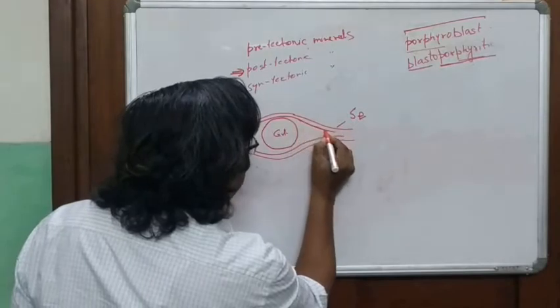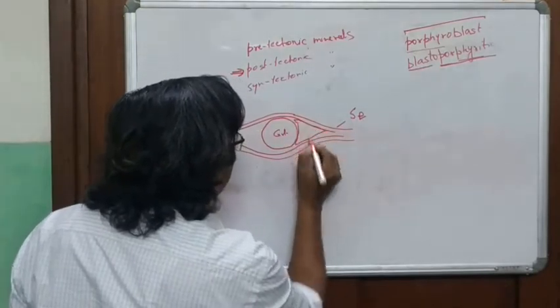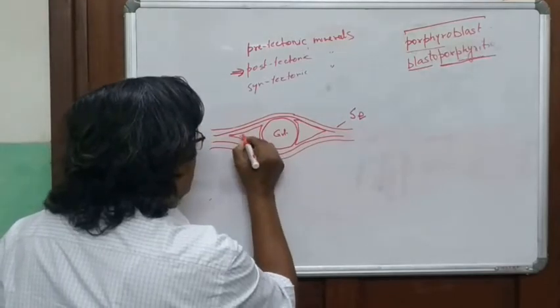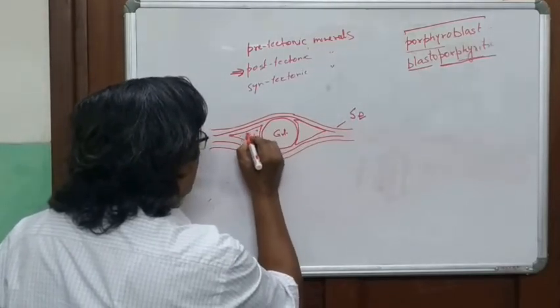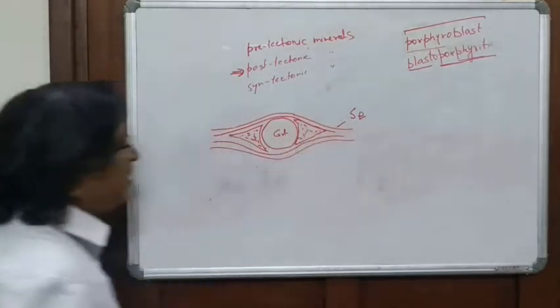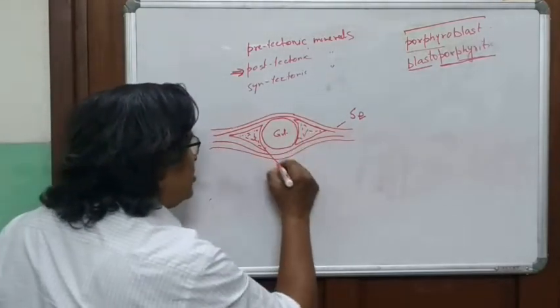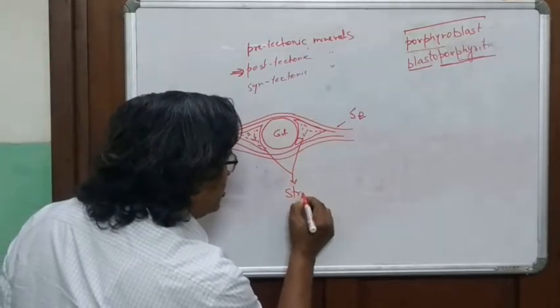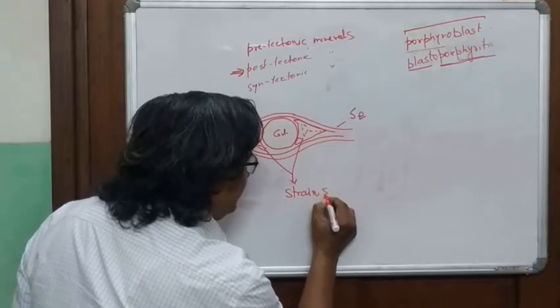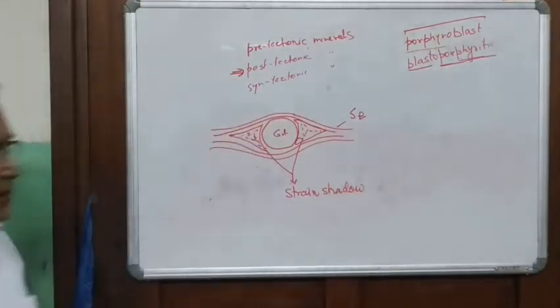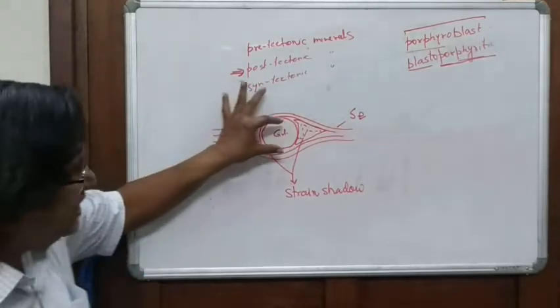And these are these triangular parts here. These are called strain shadows, strain shadow zones. What happens when you have a garnet porphyroblast?